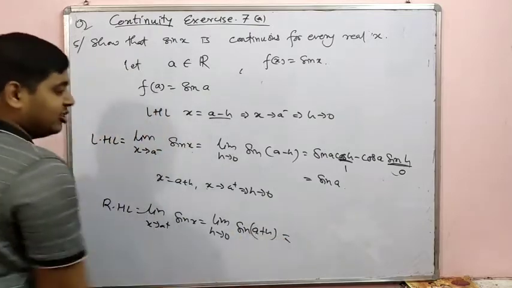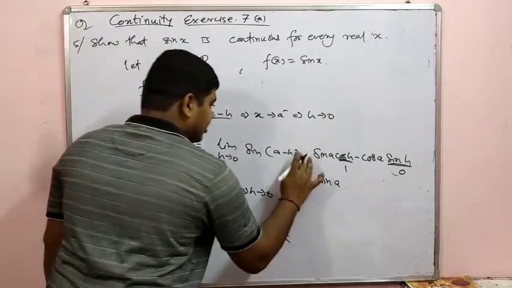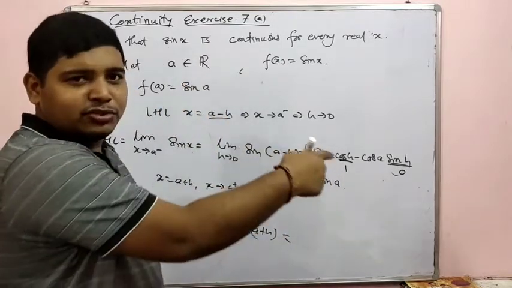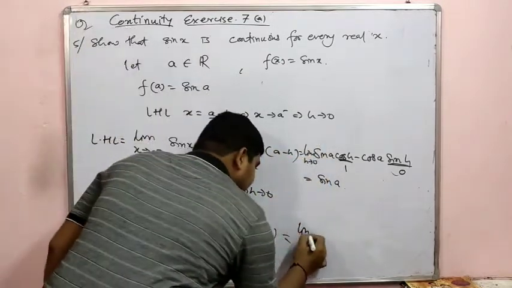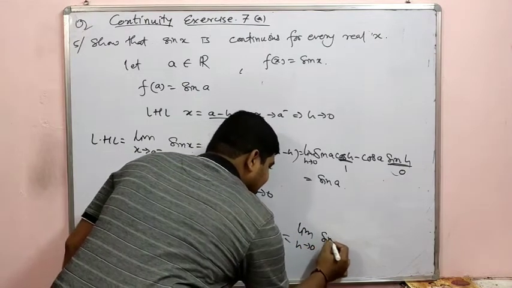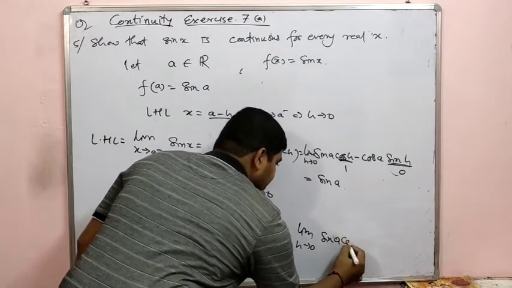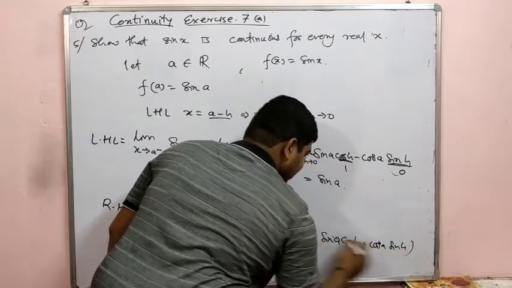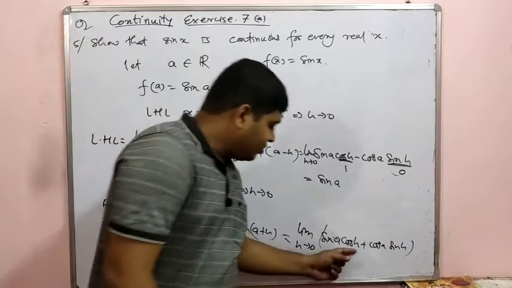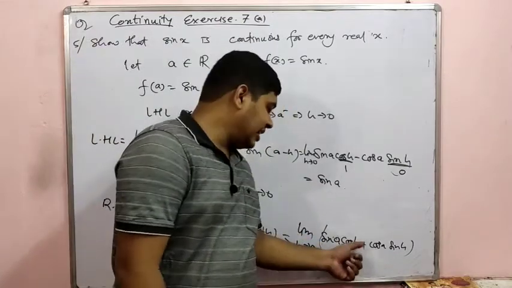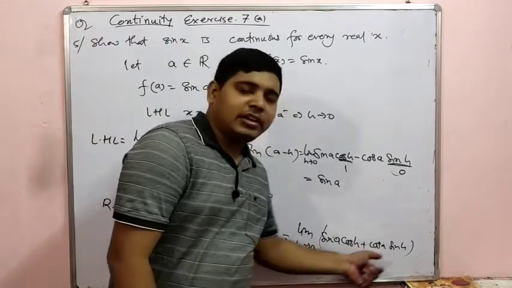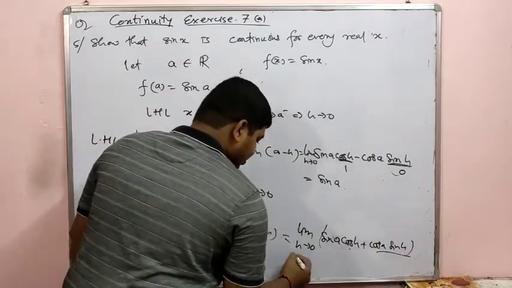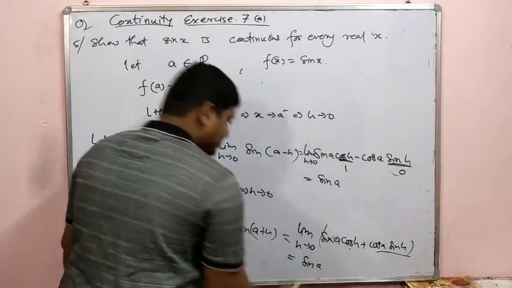On expanding, this is equal to limit h tends to 0 of sin a cos h plus cos a sin h. Here also cos h is equal to 1 and sin h is equal to 0. Putting h as 0, cos 0 is equal to 1 and sin 0 is equal to 0. So this is equal to sin a.